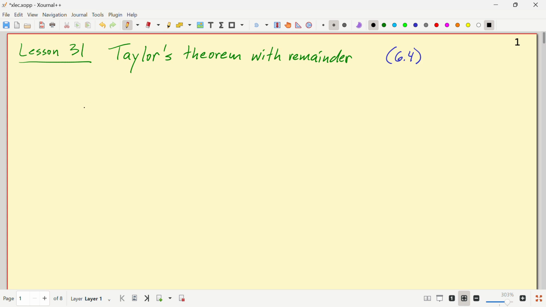Oh, there's a couple more things I wanted to say about L'Hopital's rule. So here are some classic L'Hopital's rule examples.